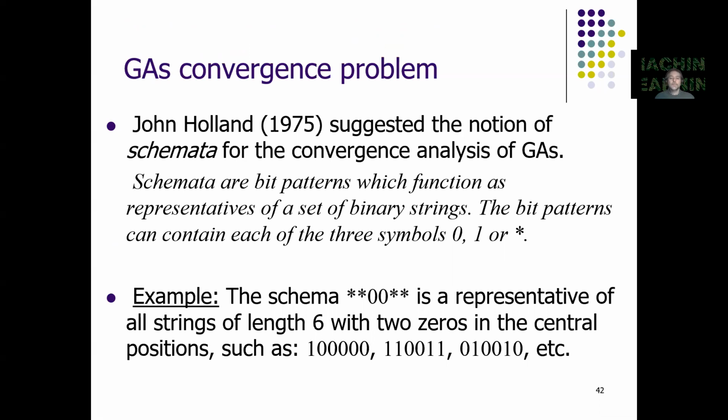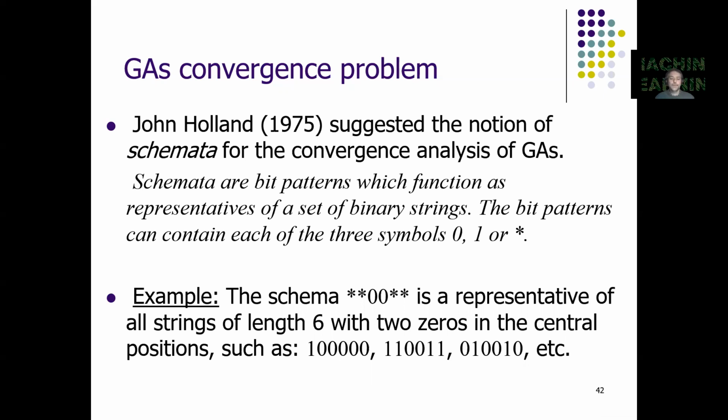So you can have, for example, the schema star, star, 0, 0, star, star, and that represents a number of possible strings of length 6 with zeros in the central position and zeros or ones in the positions where you can see the stars.